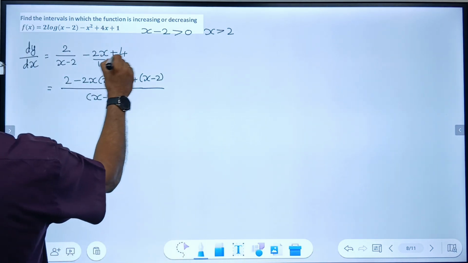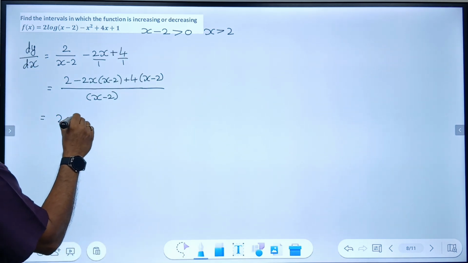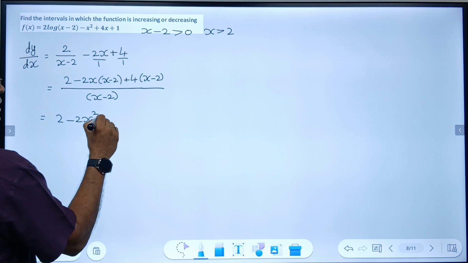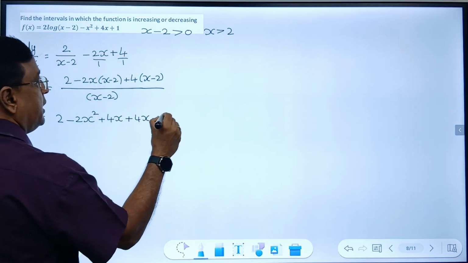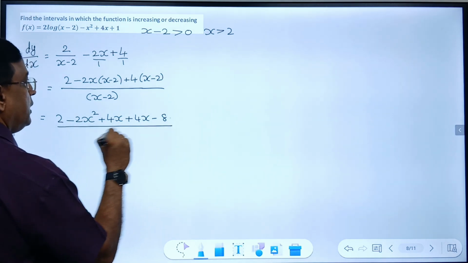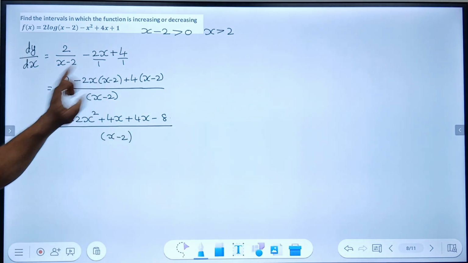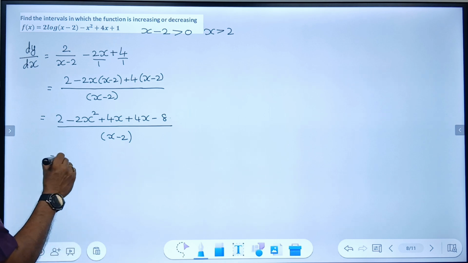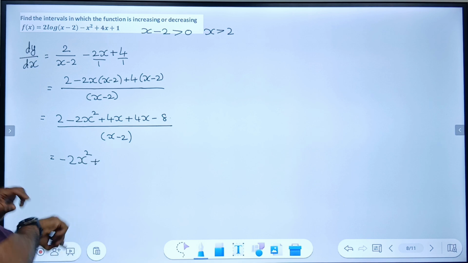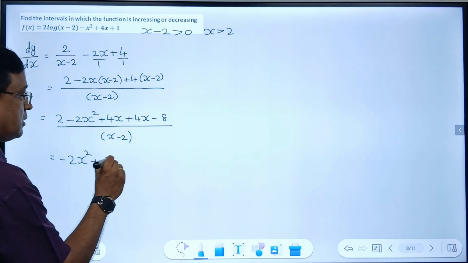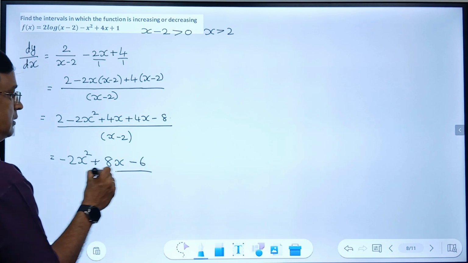So this is 2 times minus 2x square plus 4x plus 4x minus 8 divided by x minus 2. I just open the bracket. So this will be minus 2x square plus 8x minus 6 divided by x minus 2.